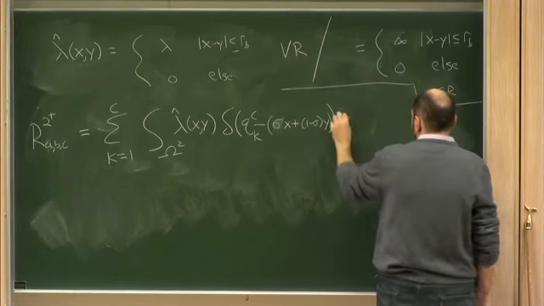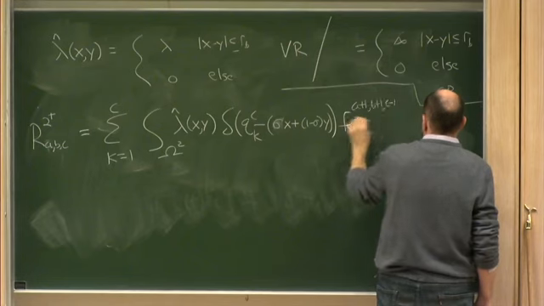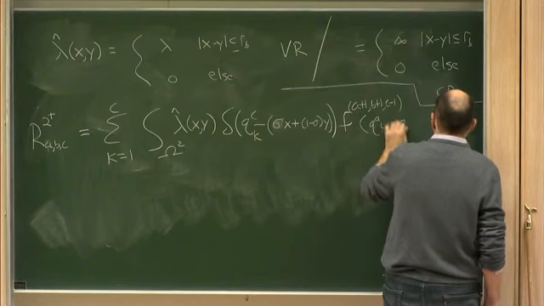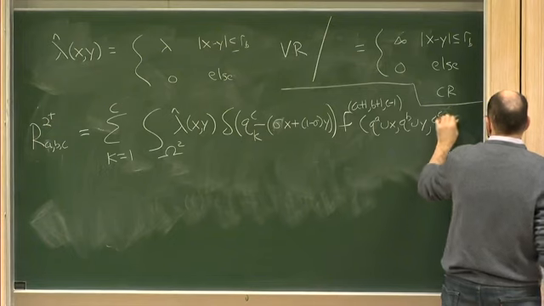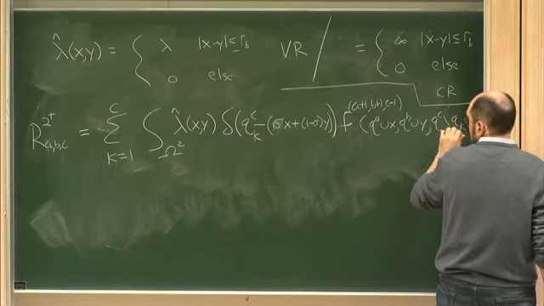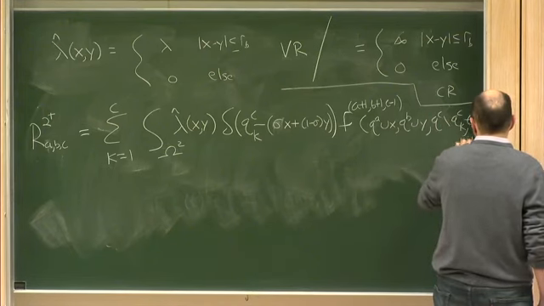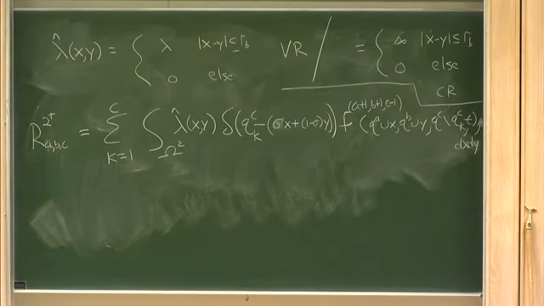And then you have your F of QA union X, QB union Y, QC slash QK, CT dx dy. So that's my incoming source term.